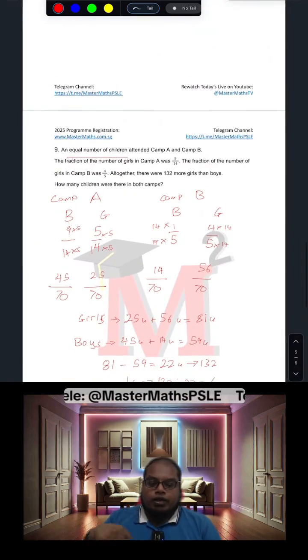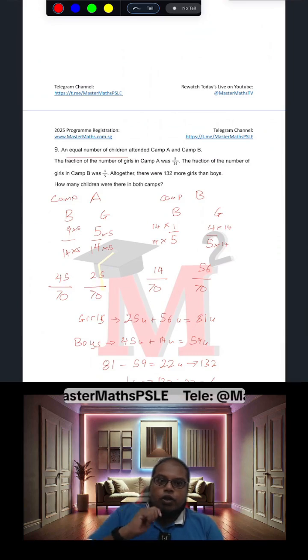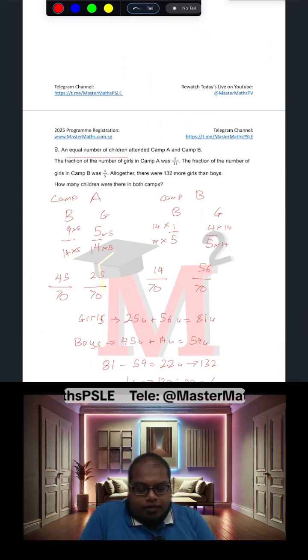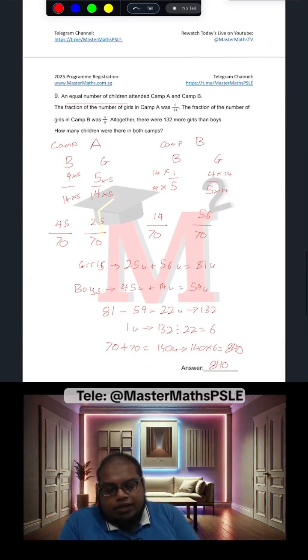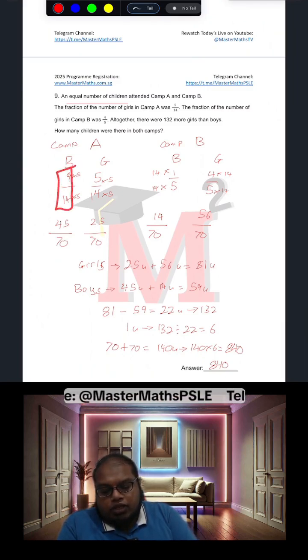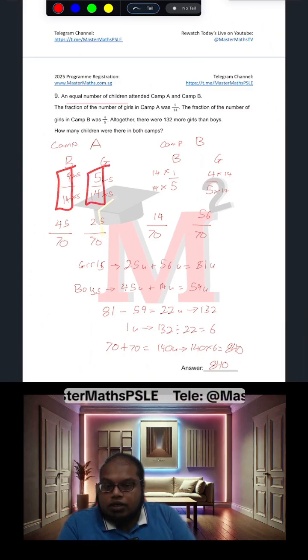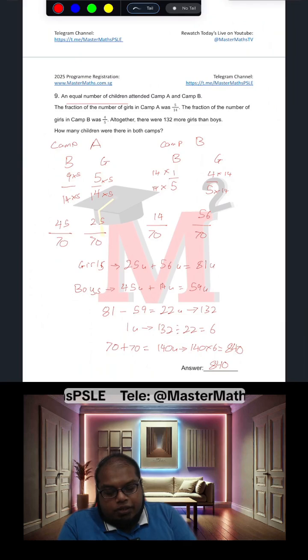So this one was the one that just now a lot of you got wrong, right? What I did is I separated Chem A and Chem B first. Chem A was boys 9 over 14 and girls 5 over 14. Same thing here, 1 over 5 and 4 over 5.